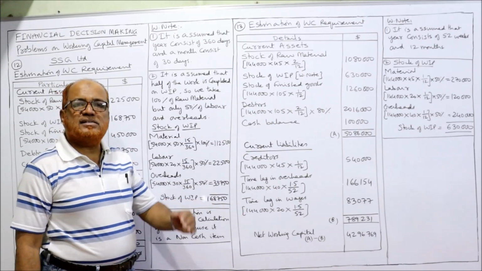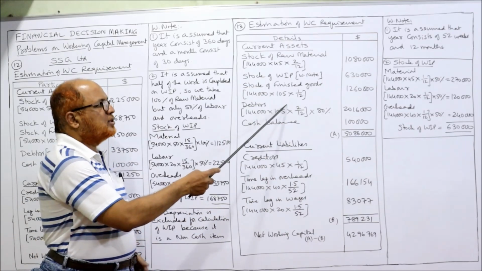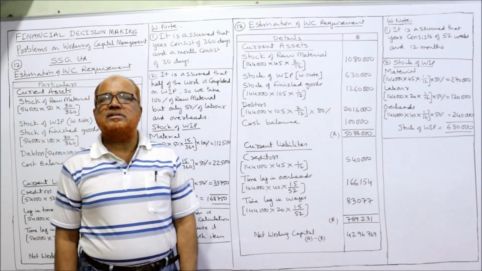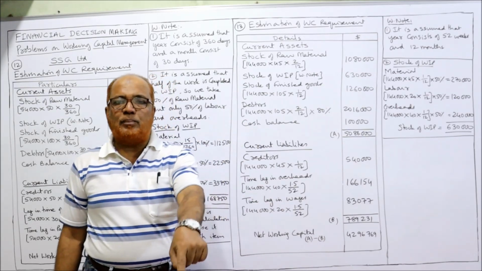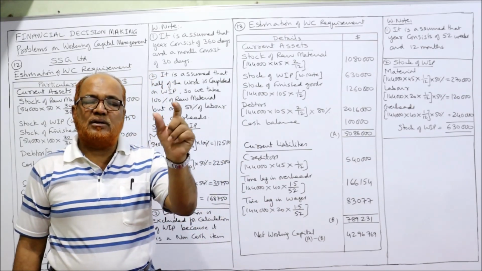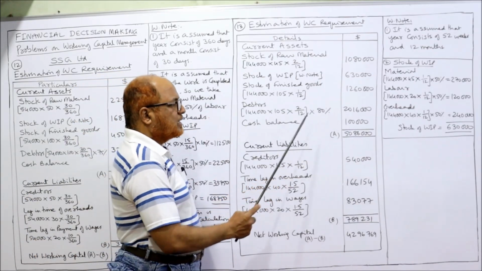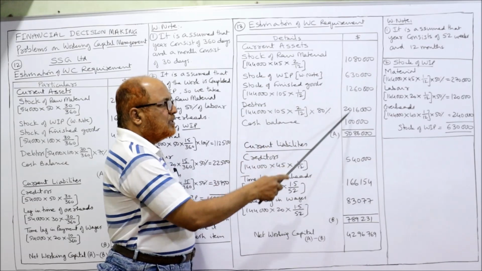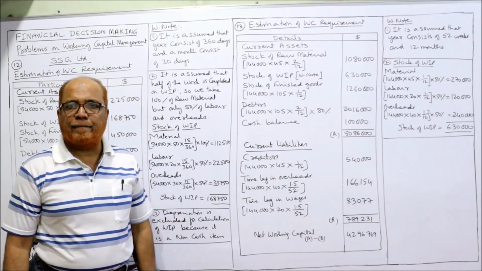How much time period is allowed to debtors? 2 months. It is given in the problem, 2 by 12 into 80%, because in the problem it is given 20% sold on cash. So 20,16,000. Cash balance directly given. Take the total, 50,86,000. This is the total of current assets.